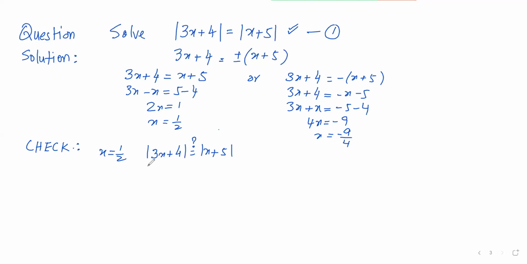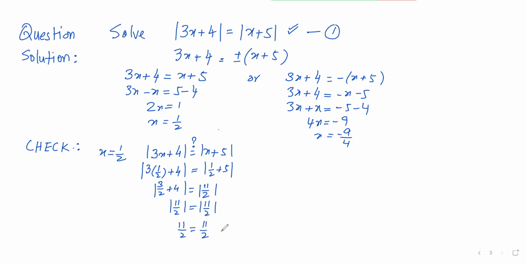So 3 into 1 over 2 plus 4 modulus is equal to 1 over 2 plus 5, is equal to 3 over 2 plus 4. So the answer is 11 over 2. 11 over 2 modulus is equal to 11 over 2. And yes, 11 over 2 is equal to 11 over 2. So this is true, so this is okay.